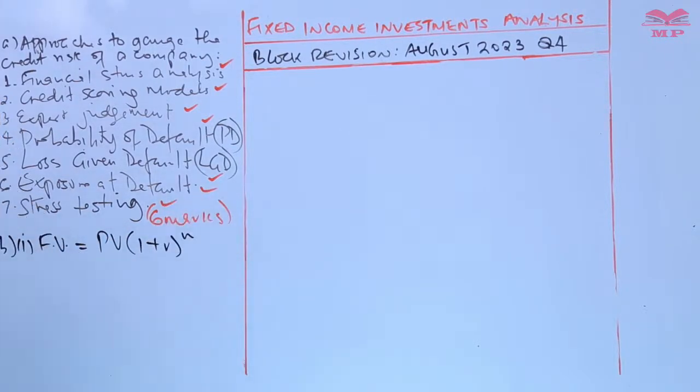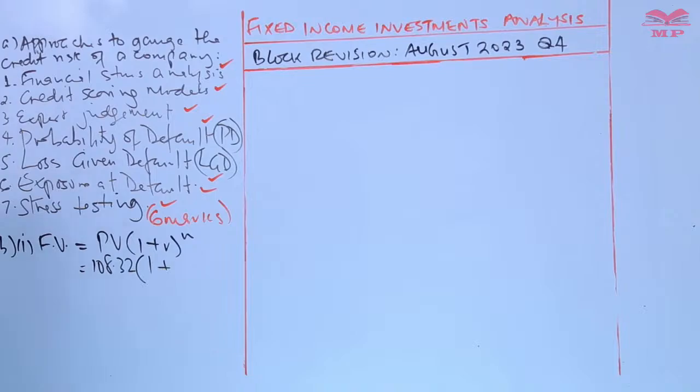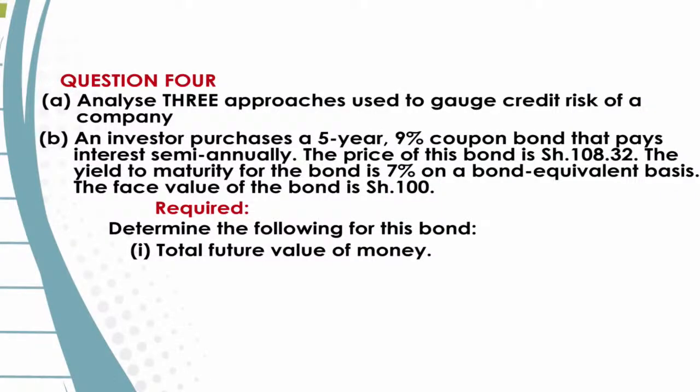That is the formula. We are to calculate the future value of 108 and 32 cents. So what is the period here? We read that this is a 5-year bond. So the n here is 5 years.